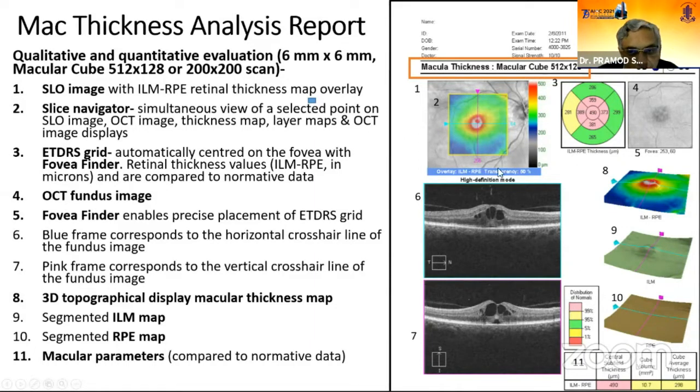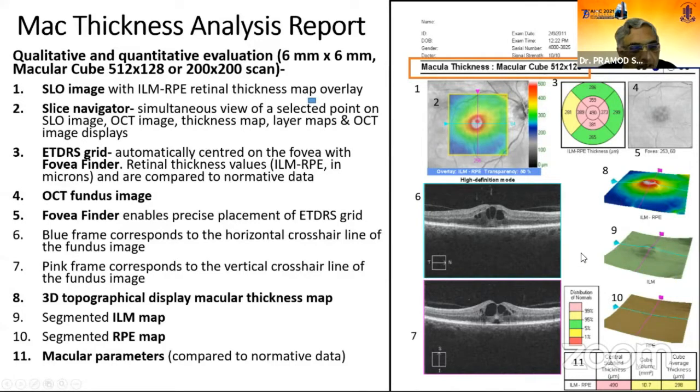You have these two images below with a blue and pink margin, which show the crosshair, vertical and horizontal scan location on this OCT cube.